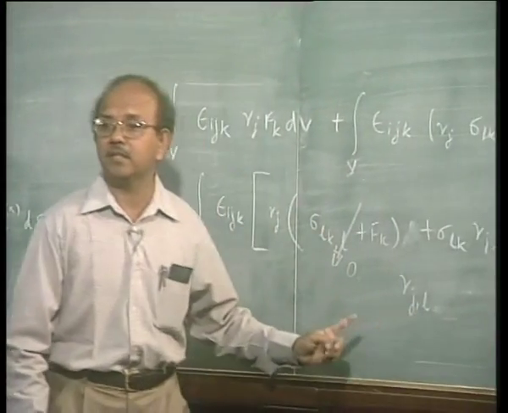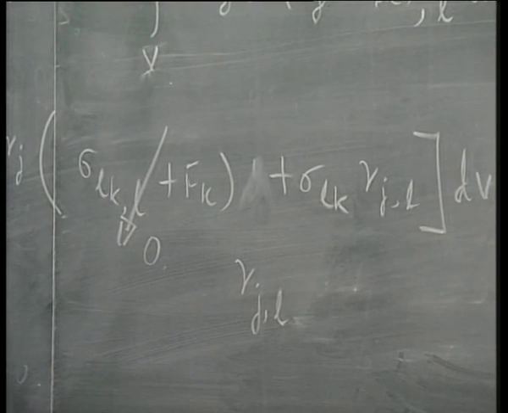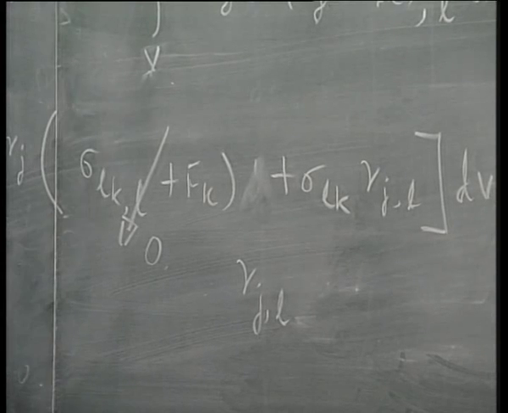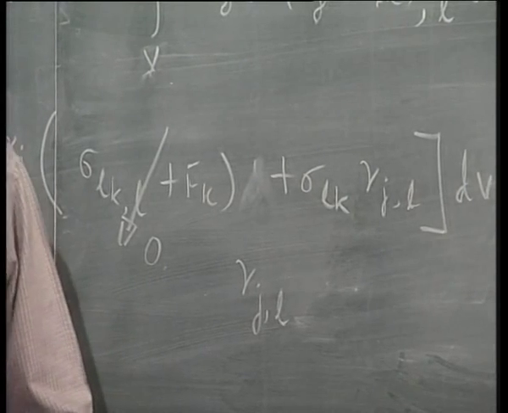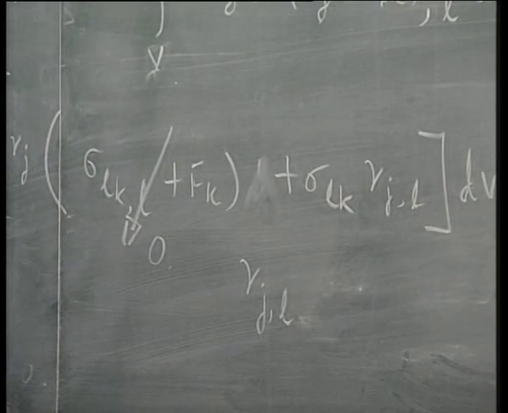So what are the quantities that are involved here? They are dou r1 by dou x1, which means j and l are 1, dou r1 by dou x2, dou r1 by dou x3, and so on.